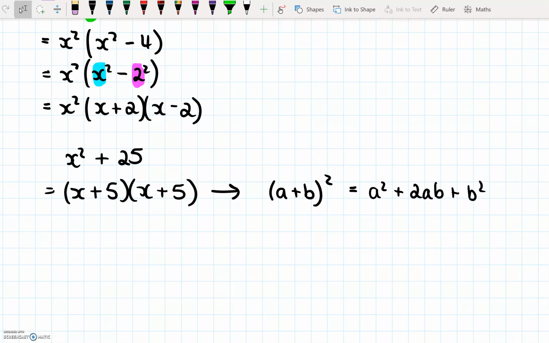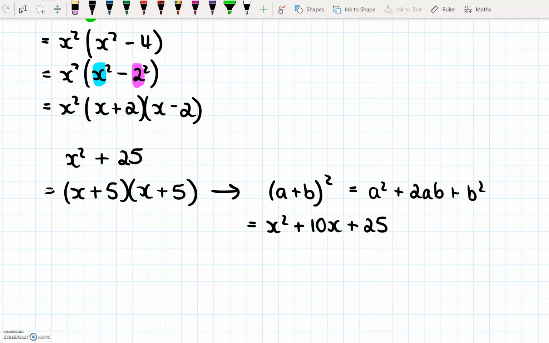So we get the first term squared, so x squared, plus 2 times a times b. So x times 5 is 5x, and we times that by 2, so we get 10x, plus b squared, which is 5 squared, or 25.